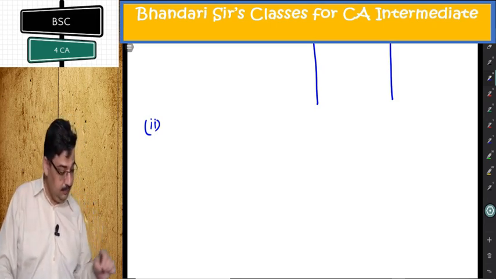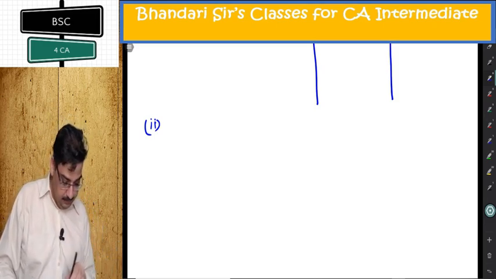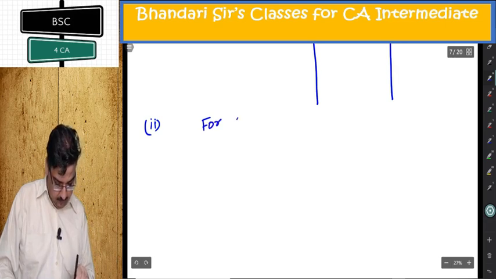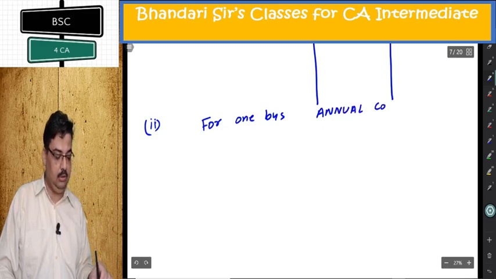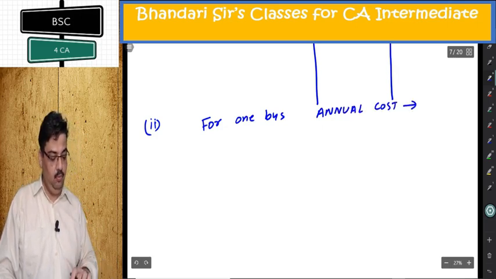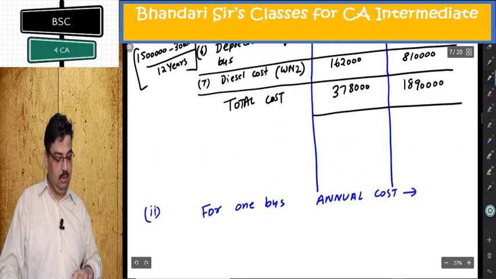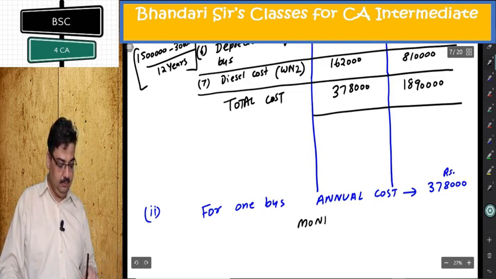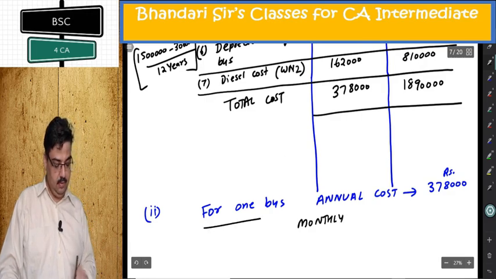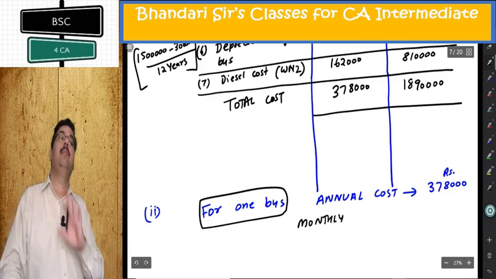Before I do that, for one bus, annual cost. We computed the annual cost, that was 3,78,000 rupees. I need to first get from it the monthly cost. I always like to analyze one bus.